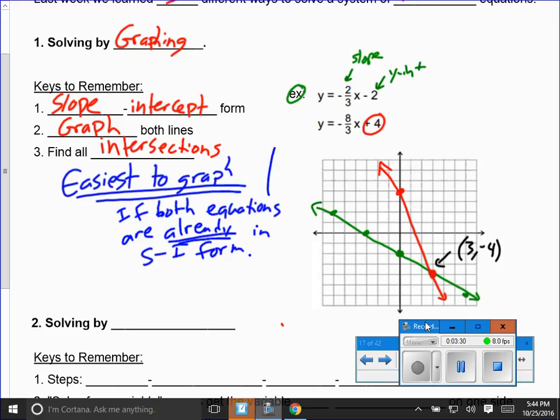So if you saw one just like this here, you can still solve it any of the 3 ways we learned, but it'd be the easiest to do this by graphing. They're already in slope-intercept form, very easy to graph. If we do this algebraically, we'd have to work with those fractions. So this one would be easier to do by graphing, already in slope-intercept form.